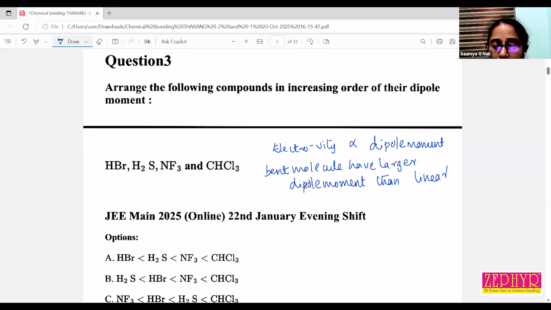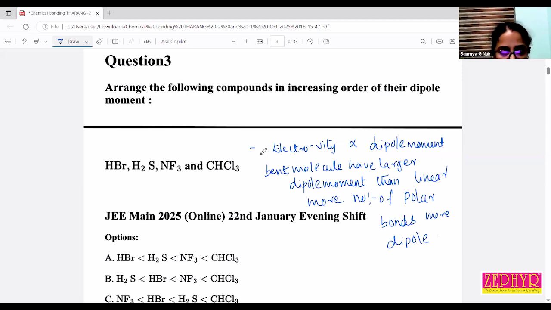Then, more number of polar bonds, more dipole.